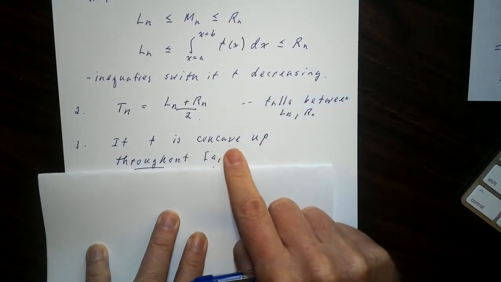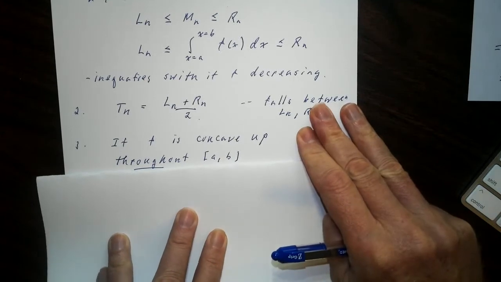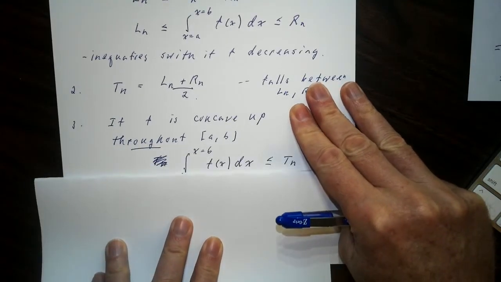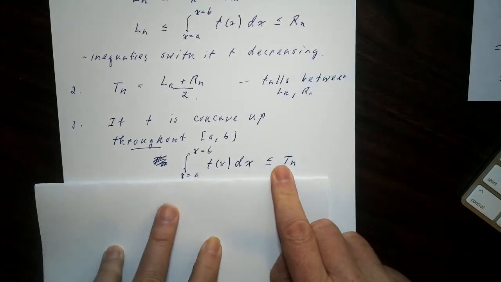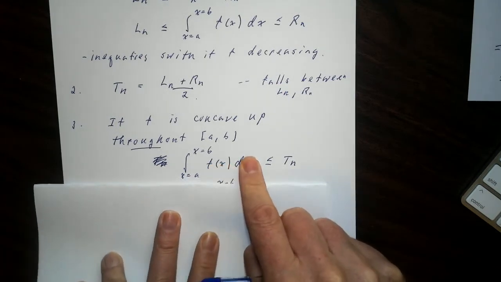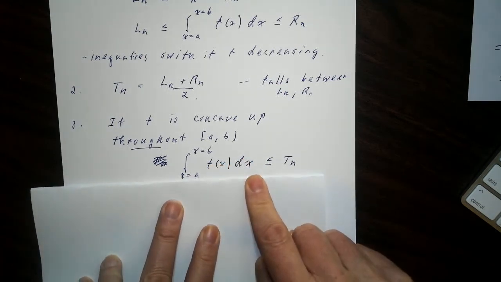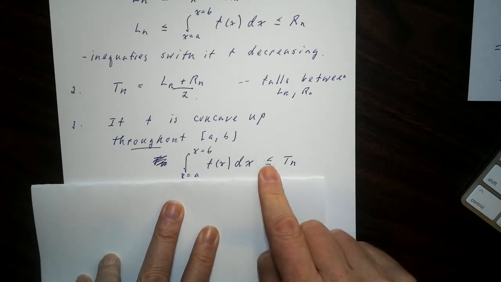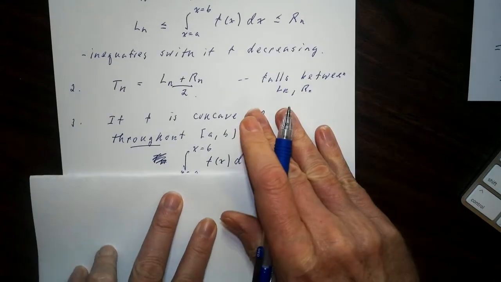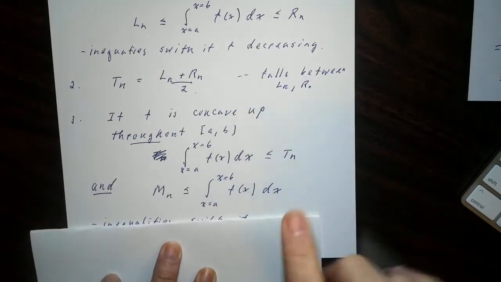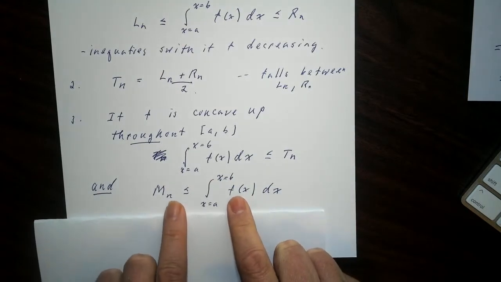If the function f is concave up on the entire interval from a to b, the trapezoid estimate is an overestimate of the actual value of the integral. We saw that on the previous page. What is not as obvious is there's a similar result for the midpoint sum.